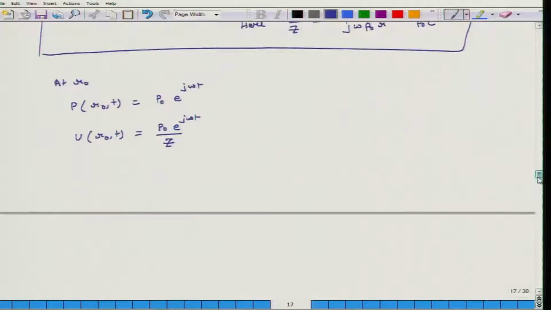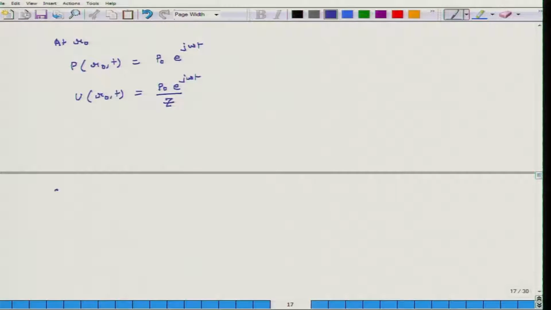And lastly, we will develop a relation for complex power, so that is defined as P times U star, right. If I take its real value, then I will get the real power dissipated. The complex power is real plus whatever is the cyclic power.